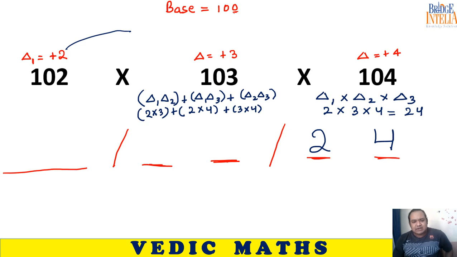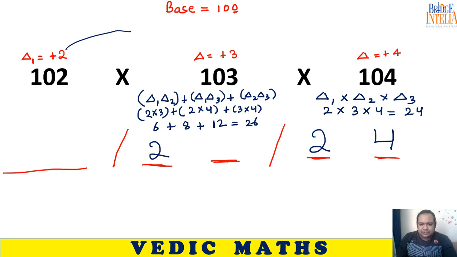So how much this comes out to be? 2 into 3, 6. 2 into 4, 8. 3 into 4, 12. So 6 plus 8, 14. 14 plus 12, 26. And 26 is already a two-digit number. So you can easily write it here, 2, 6. 26.